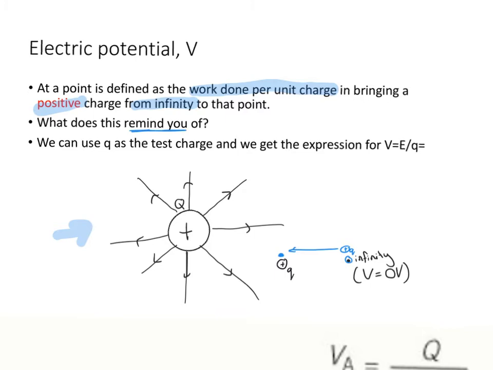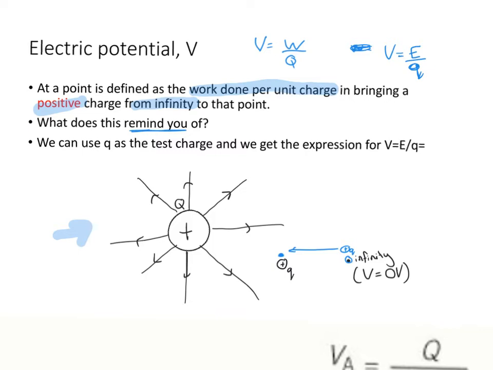We can also link this to another equation. If you remember, potential difference from chapter 9 is the work done per unit charge. This leaves us with an equation of potential difference equal to the electric potential energy per unit charge. I'll use a lowercase q because we're talking about a positive test charge that we place there.